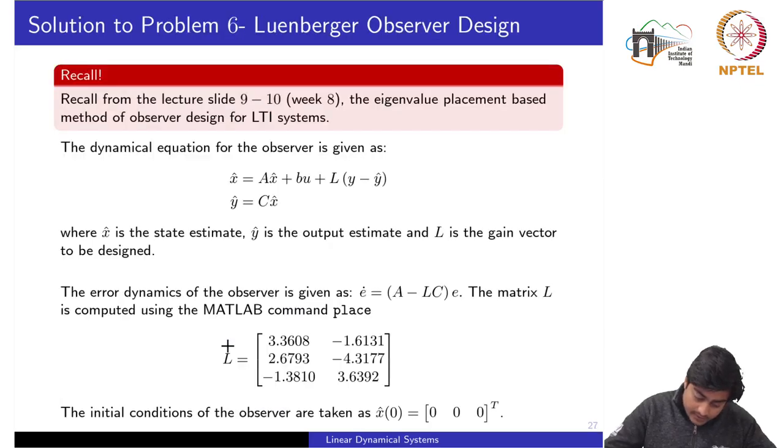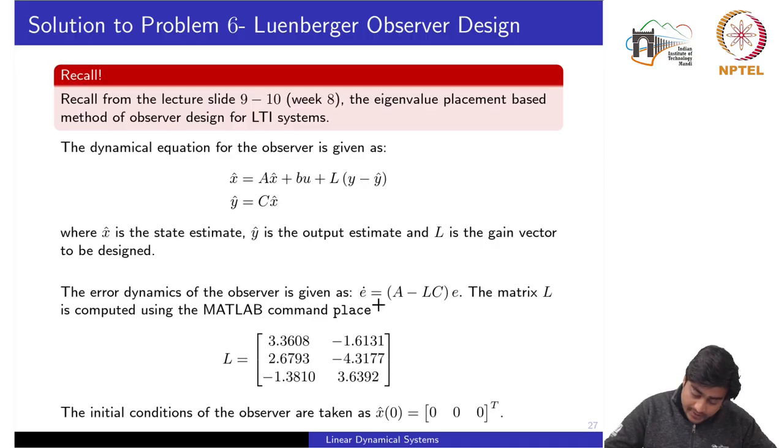So this was the observer equation which we had discussed on slides 9 to 10, where x hat is the state estimate, y hat is the output estimate, and L is the gain vector which is supposed to be designed.